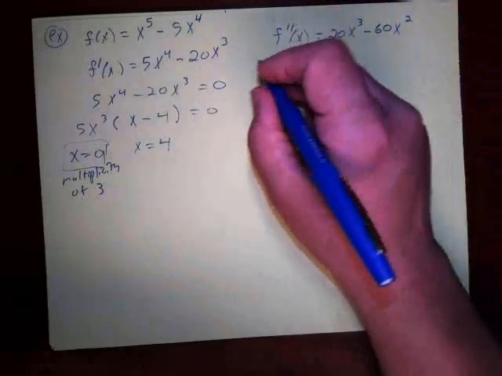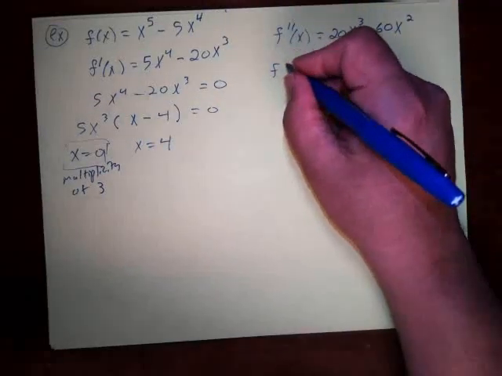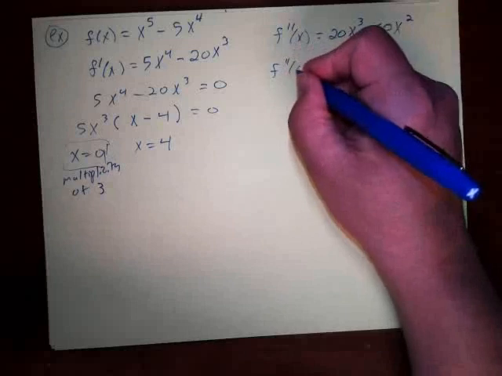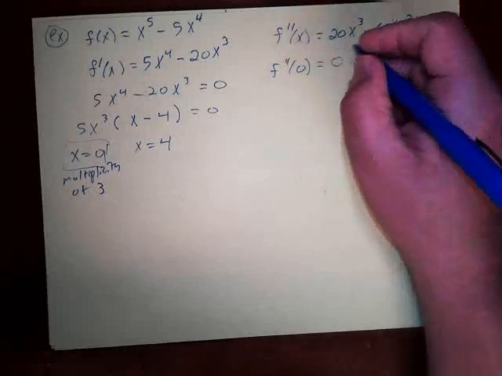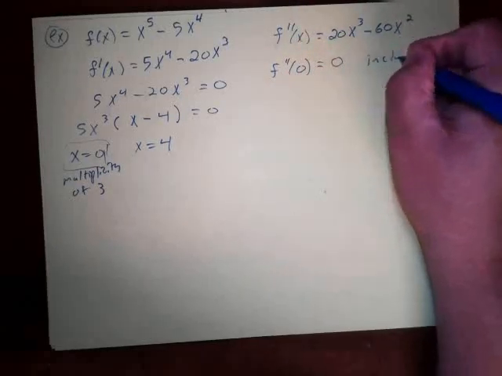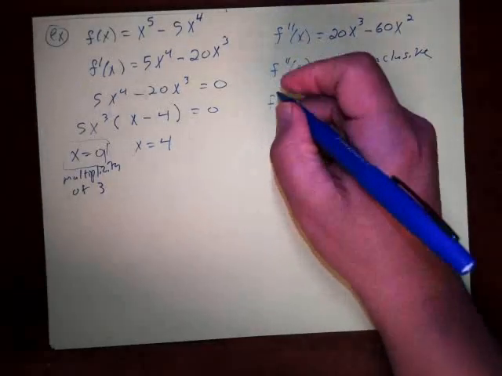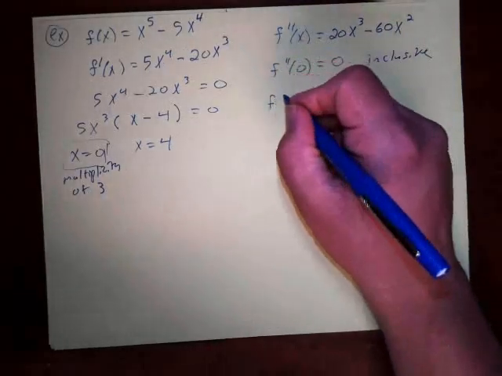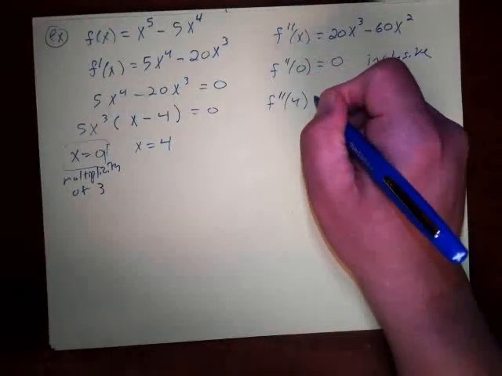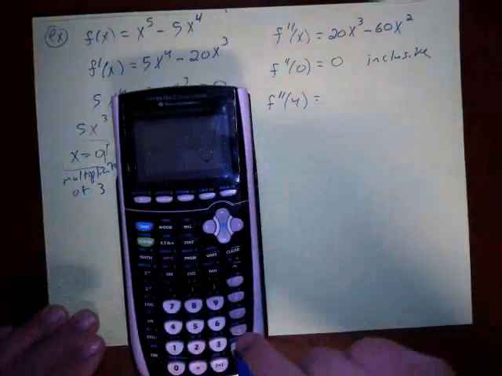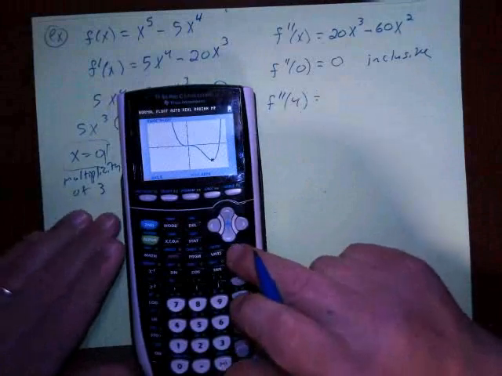And so, like before, f double prime of 0 is equal to 0, so it's inconclusive for that. So what about f double prime of 4? I think it's going to be conclusive for this, so let's check it out.